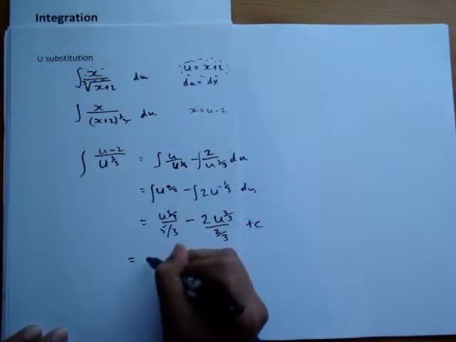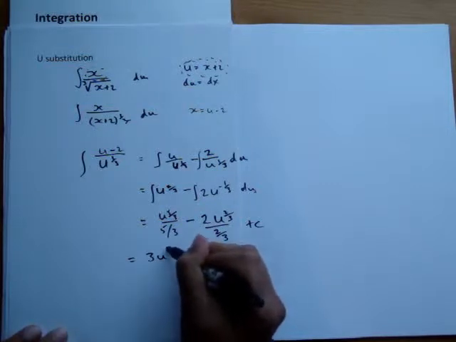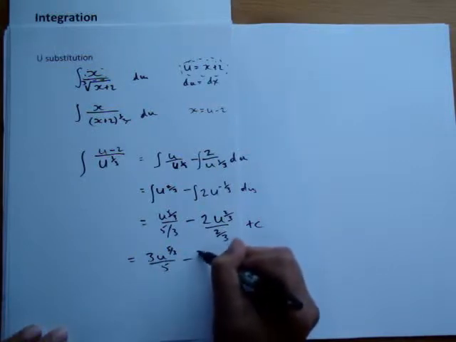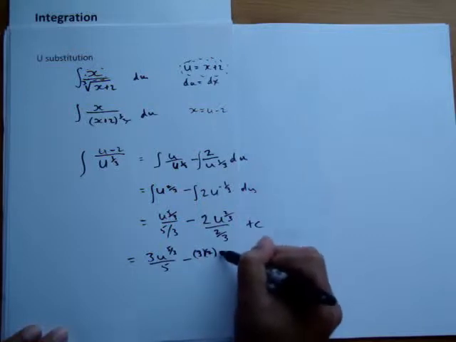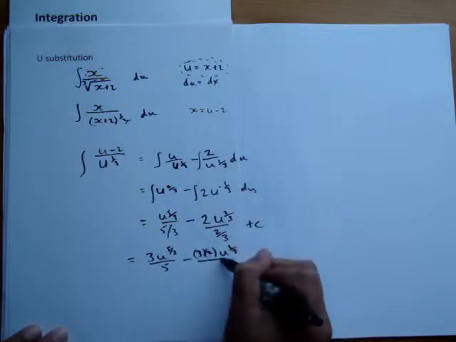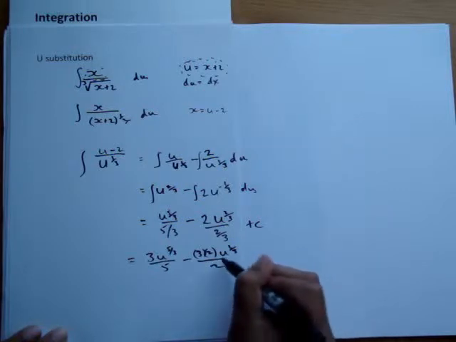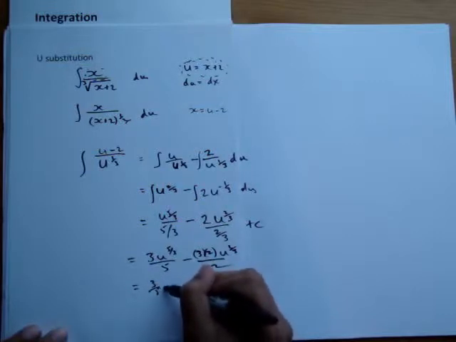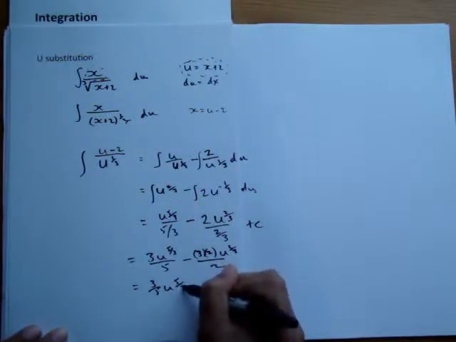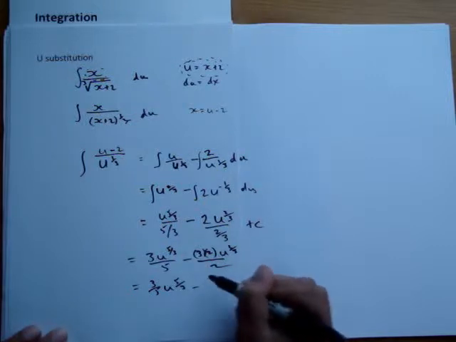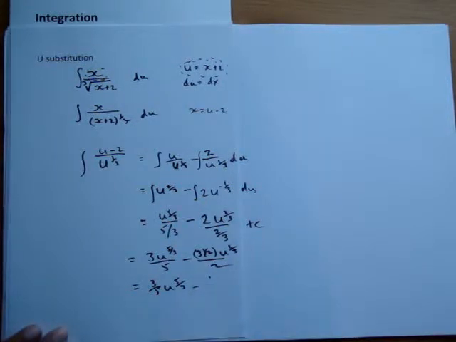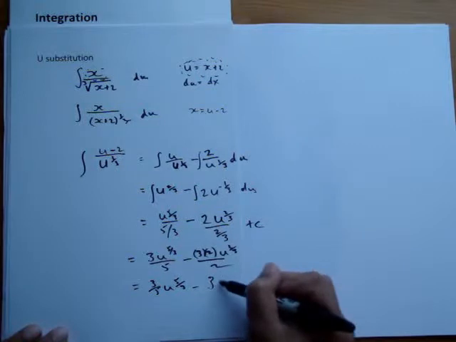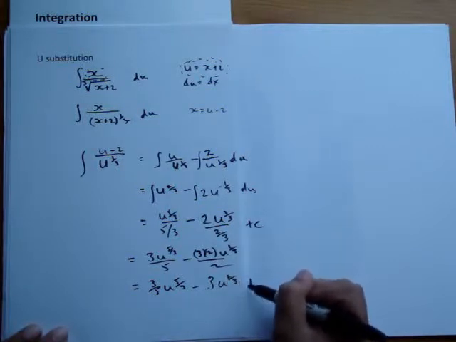Rearranging, we get 3 u to the 5/3 over 5 minus 3 times 2 u to the 2/3 over 2. This becomes 3/5 u to the 5/3, and this becomes 6 divided by 2, which is 3, u to the 2/3 plus c.